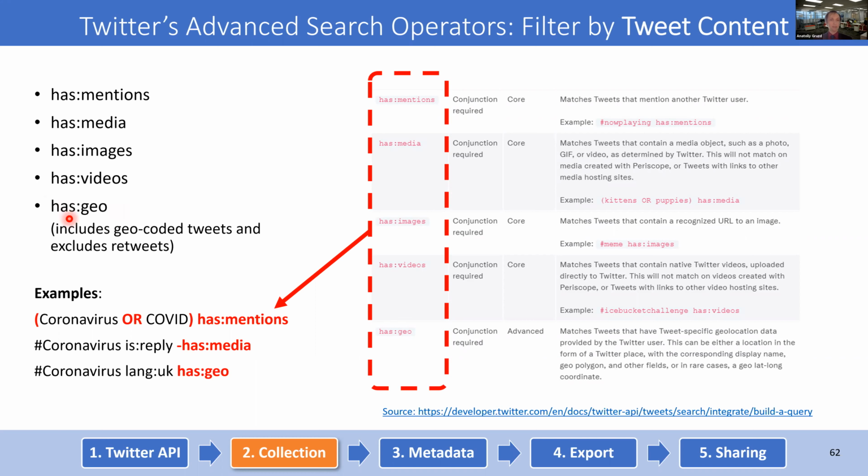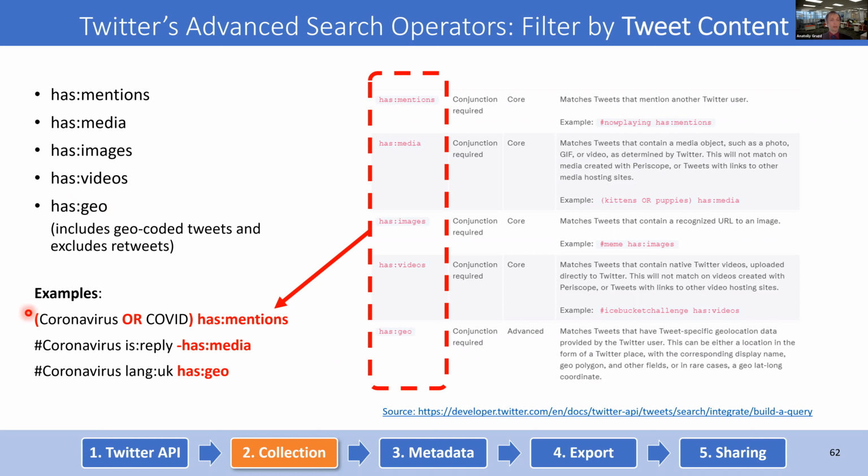So you can use has:geo. And an important note, and this is something kind of buried in their documentation, but I think it's important: if you use has:geo, it will exclude retweets. Because, as they say, a retweet by definition will not be geocoded, because the geocoding is only related to original tweets, replies, or quoted tweets. So you don't need to say minus is:retweet with this one, because it will automatically exclude retweets.